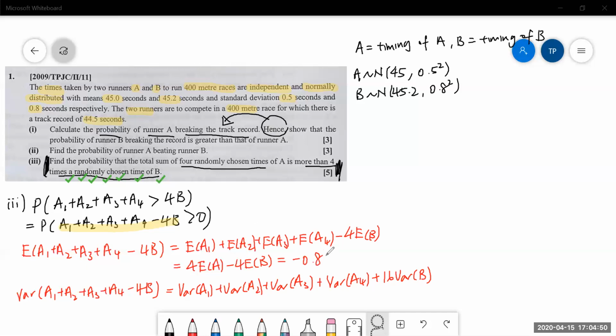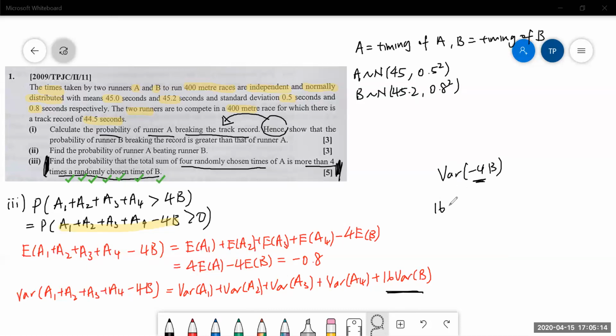Now we move on to the variance. The variance of the new random variable will be variance of A1 plus variance of A2, A3, A4, and so forth, until this last part over here, take note. Because we are finding the variance of minus 4B, we have to factorize it out.